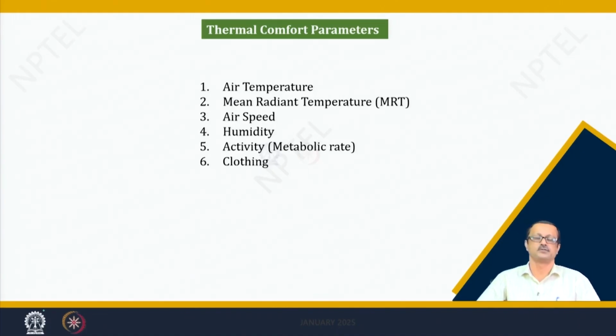These 4 are the thermal or environmental parameters. The 5th and 6th are activity, which is the metabolic rate, and clothing, the personal human parameters. So, these 6 parameters can be treated as a parametric variation by virtue of some numbers, and based on that a composite score or index can be generated. We will discuss today how that kind of index can be generated, and it can give us an indication of which combination is going to be comfortable or not.